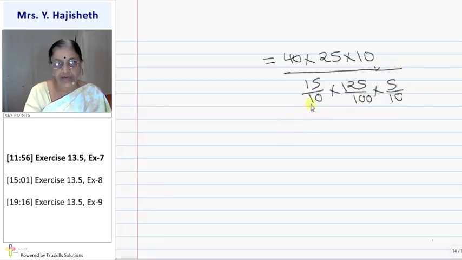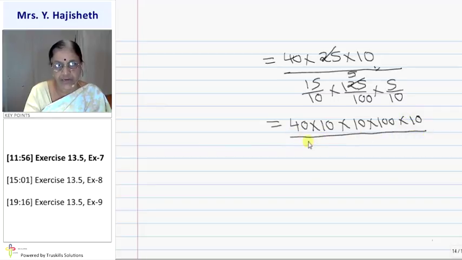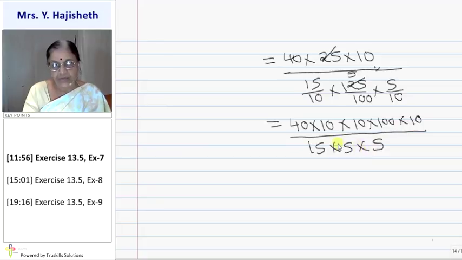So what we are going to get? देखो 25 5 या. Clear? अगर इसको मैं इस तरह से लिख दूं 40 into 10 into 10 into 100 into 10 upon 15 into 5 into 5. अभी कैंसल करो.